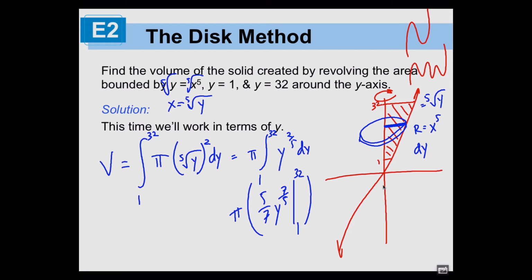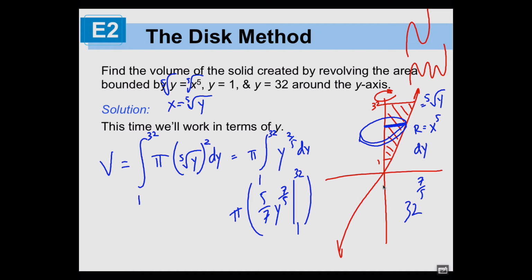Can we stop there, or do we need to keep going? Let's keep going. Okay, what happens if I put 32 in for y? Well, when you have a number, in this case 32 raised to the 7/5 power, which one do you do first, the 7 or the 5?